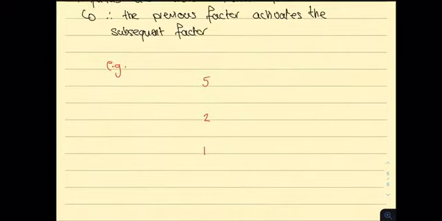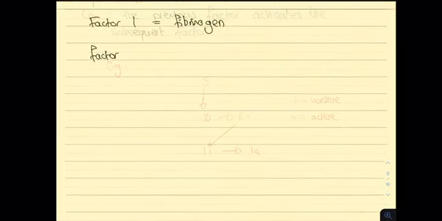So for example, let's look at the common pathway. Activated factor 5 cleaves inactive factor 2 and activates it. So now we have activated factor 2. Then activated factor 2 cleaves inactive factor 1 and activates it. So now we have activated factor 1, which is fibrin.